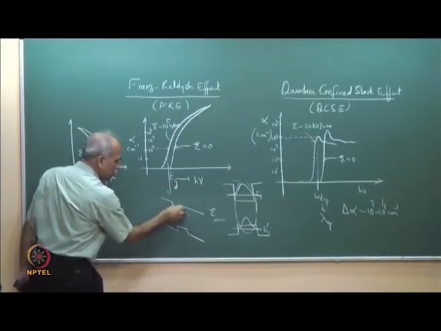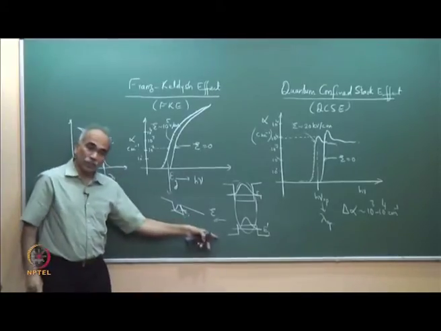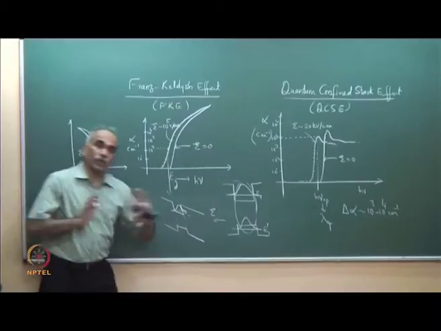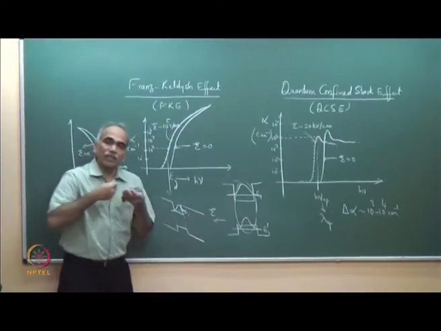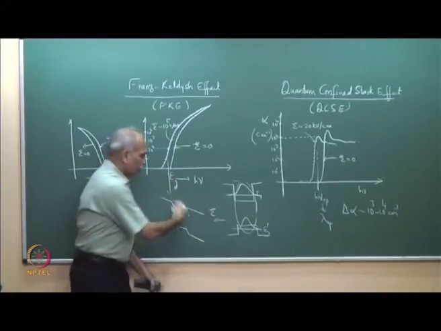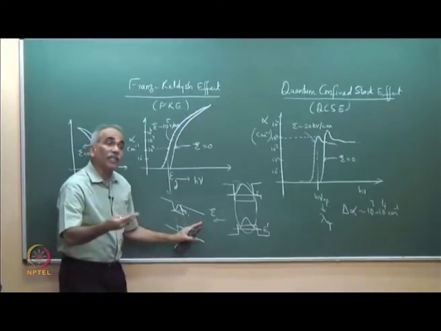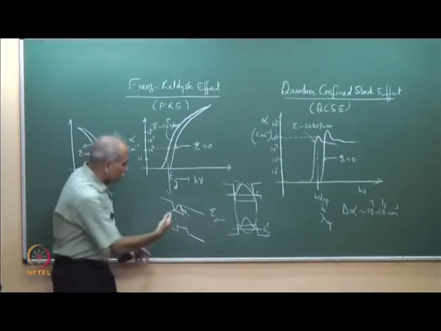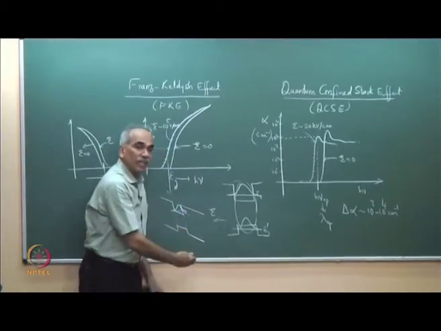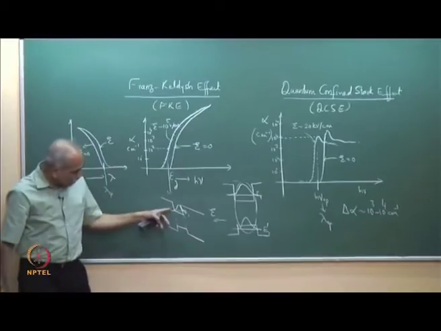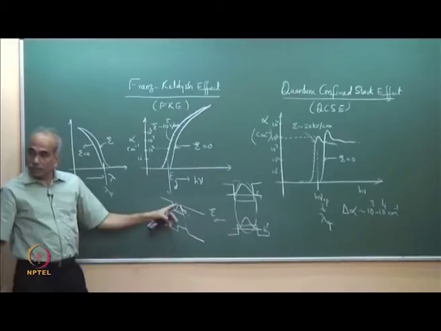There is a positive potential at this end, so the electron has an attractive potential towards it, which means the probability of locating the electron is more at this end. The wave function is shifted, and that is why it becomes asymmetric. Here it is perfectly symmetric, but here it becomes asymmetric.